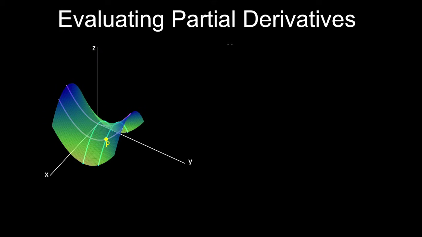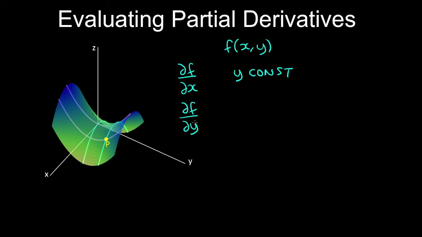As we've seen, there are two ways of differentiating a function of two variables, with the partial derivative of f with respect to x being evaluated at a point where x is the variable and y is held constant, and differentiating the function with respect to y where y is the variable and x is held constant or fixed.